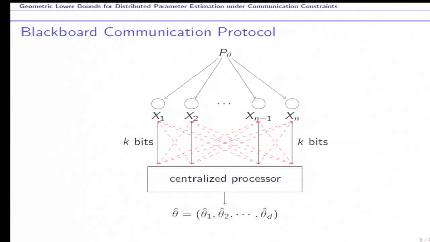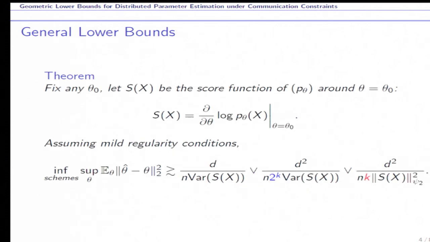When one sensor writes a bit on the blackboard, any other sensor can see it, so they can act after they see what the previous sensor writes on the board. This communication protocol allows lots of cooperation, and we'd like to prove a lower bound for estimating theta.